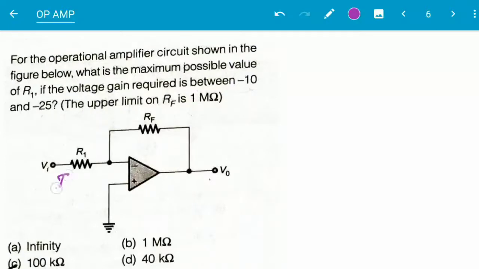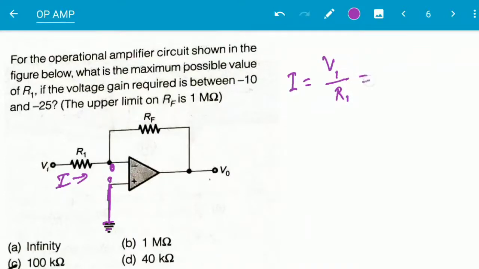Suppose current I is flowing here. This terminal is connected to ground, so its voltage will be 0, and so current I will be Vi minus 0 by R1, that is Vi by R1.